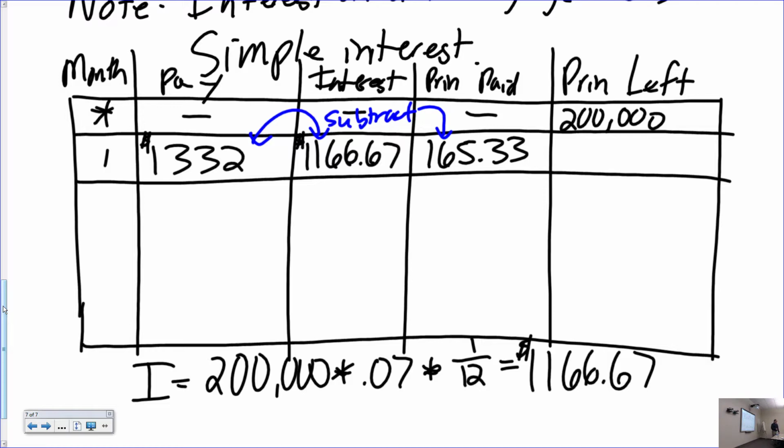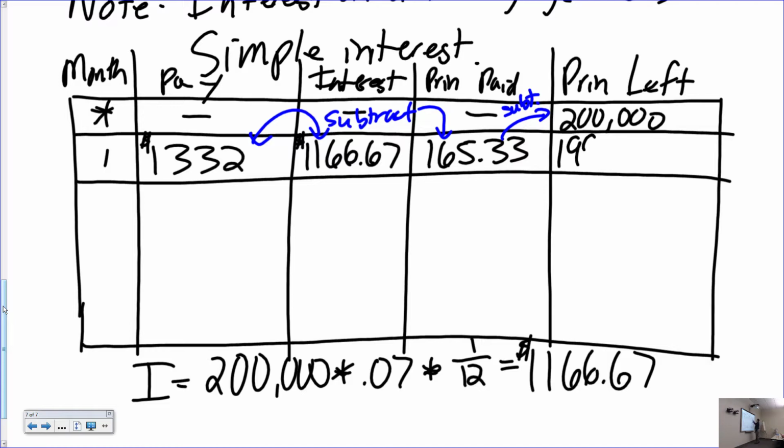You bought maybe a door. Maybe, if it was a cheap door. That's it, folks. Now, what do you do with that $165.33? Subtract it off the principal, right? And that's how much you owe starting the next month.